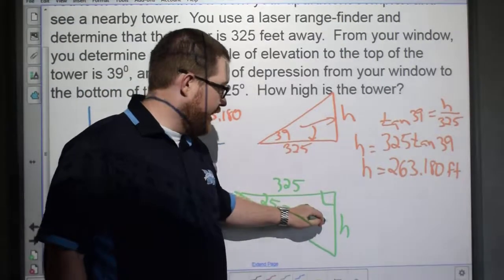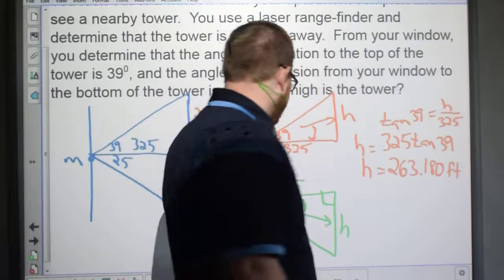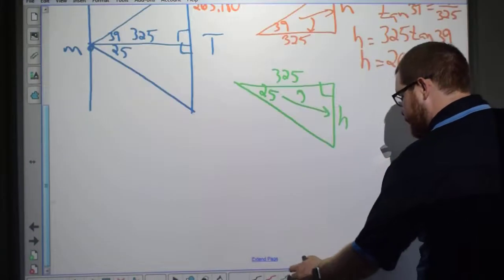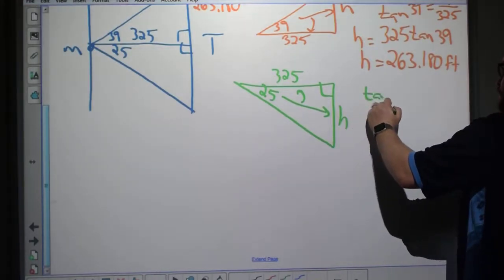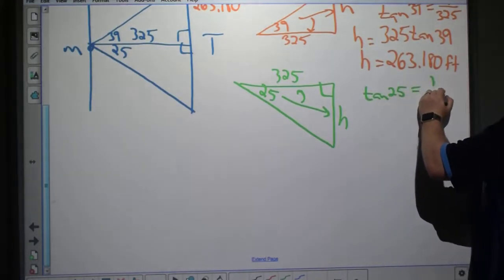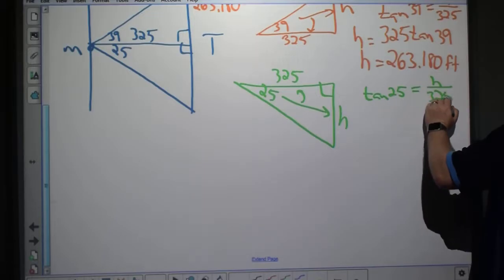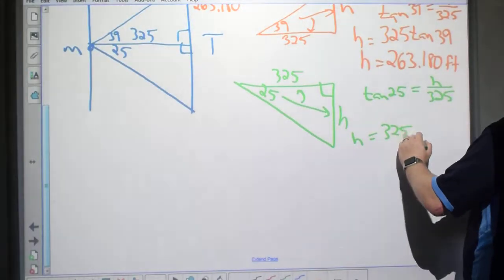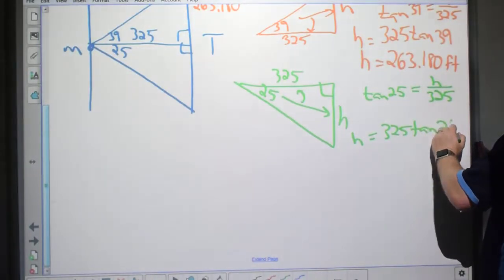Again, it's still going to be a tangent because opposite over adjacent. So the tangent of 25 is equal to opposite over adjacent. So h equals 325 tangent 25.